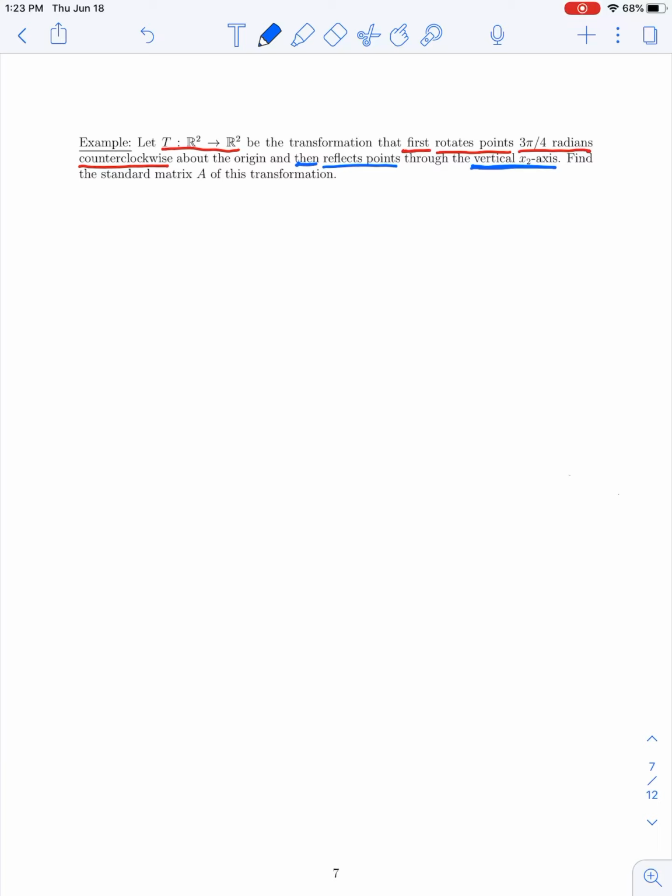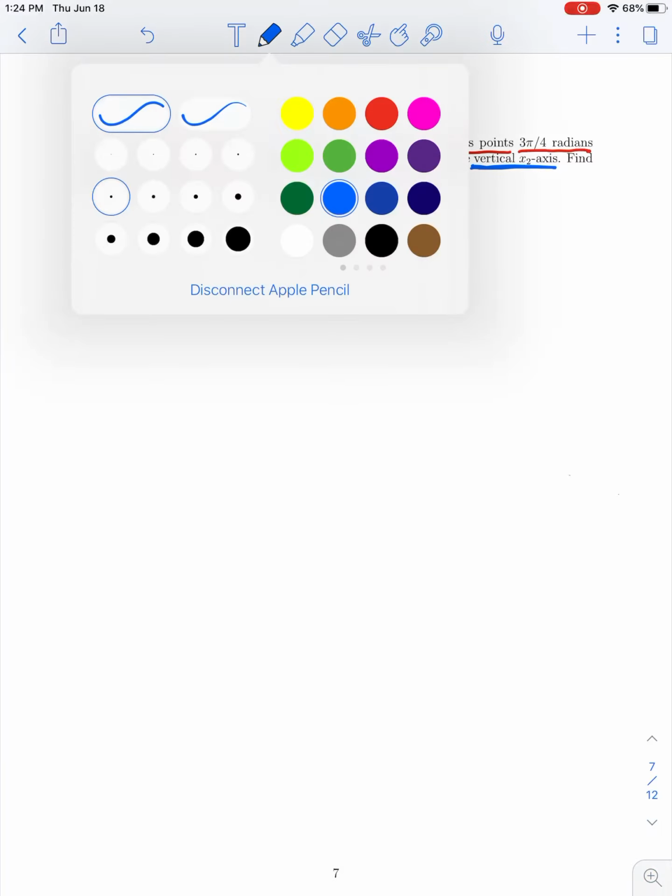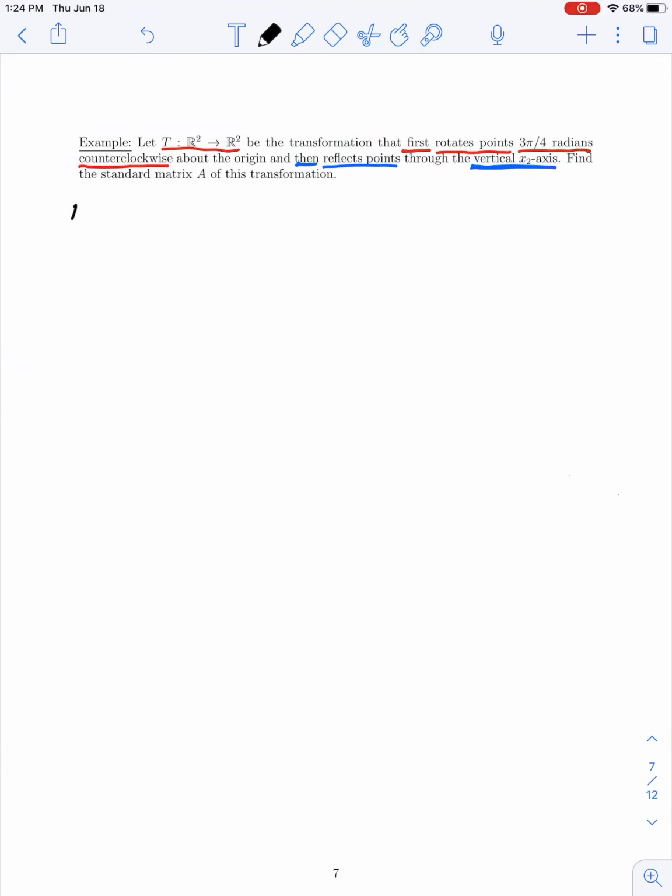So we want the standard matrix A for that transformation. So let's break it down into pieces again. First, the transformation is rotating points by 3 pi over 4 radians counterclockwise.